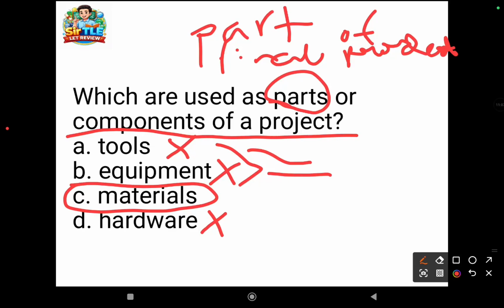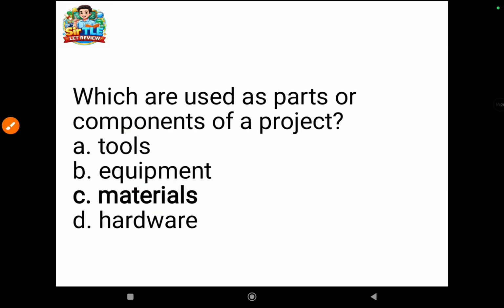In project planning, they are specifically listed within a bill of materials. These are the physical resources listed by quantity and cost that will eventually become the end product. What is a bill of materials? It is a list of materials needed for a project. So the answer for this question is letter C, materials.